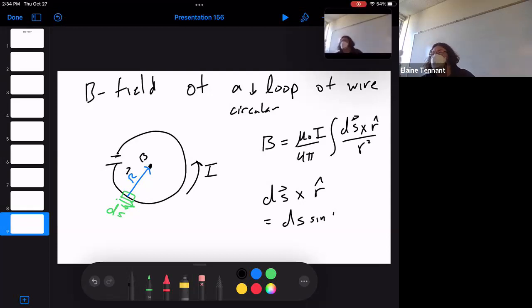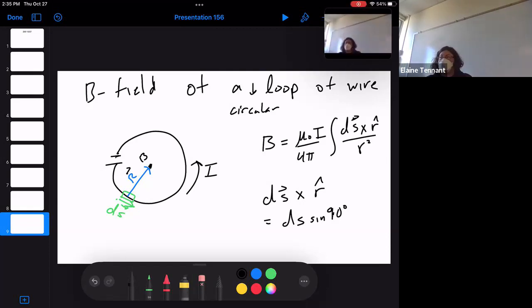90. Will that change if I choose a different ds? No, right? Every ds I choose will be along the circumference of this circle, and for every r, it's going to be radial. So I'm very comfortable just putting in a constant for that, even though I'm going to move my ds's around.